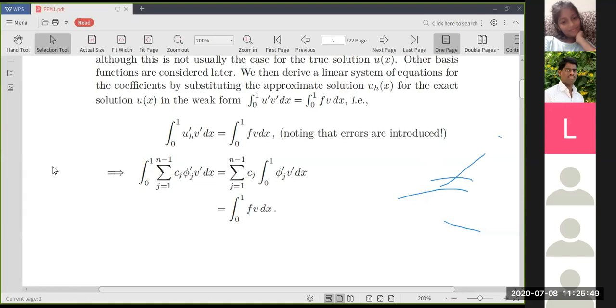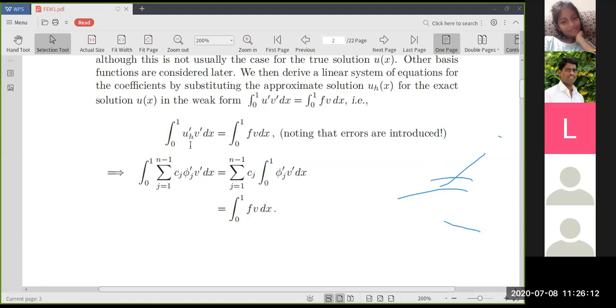So you have this u dash into v dash. So integral 0 to 1 u dash v dash dx is integral 0 to 1 f into v dx. So I am replacing this u by the approximate solution uh.